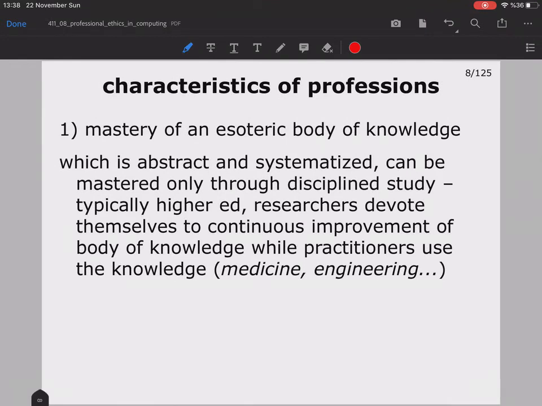When we take a look at the characteristics of professions, the first one is the mastery of an esoteric body of knowledge. Usually, most professions have this, which is abstract and systematized and can be mastered only through disciplined study. Typically, this should be some sort of higher education.